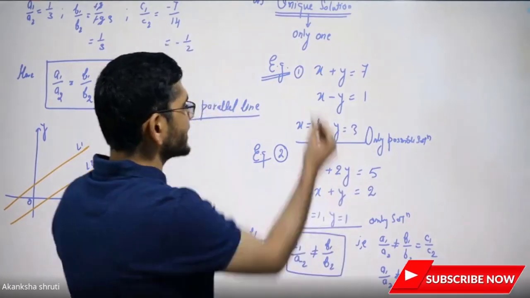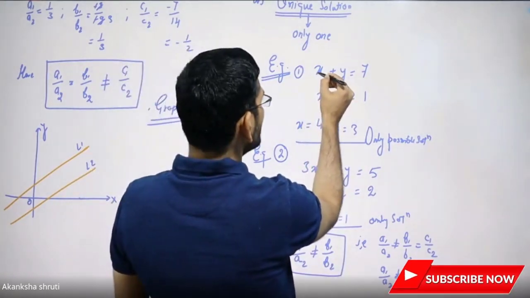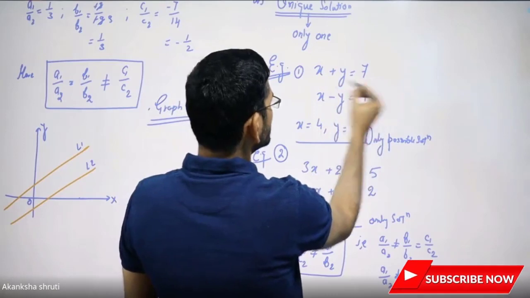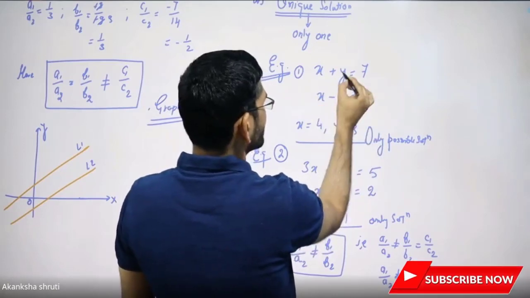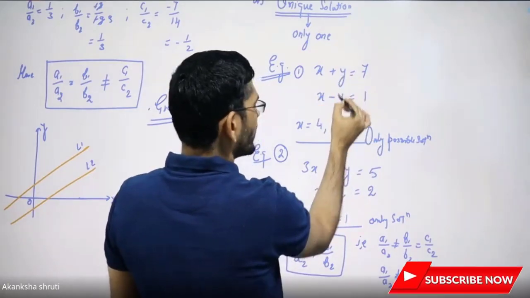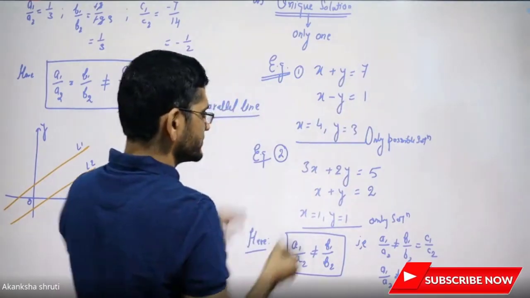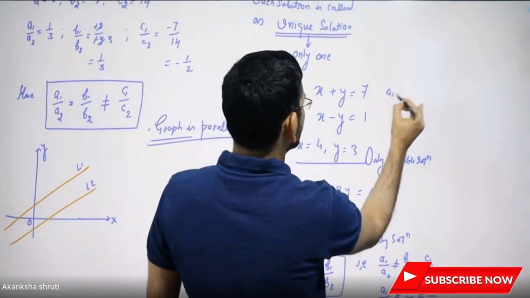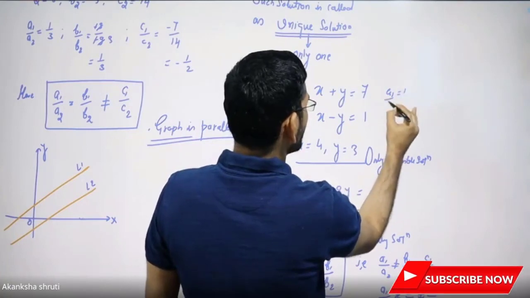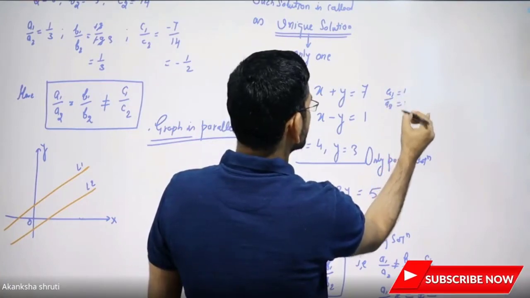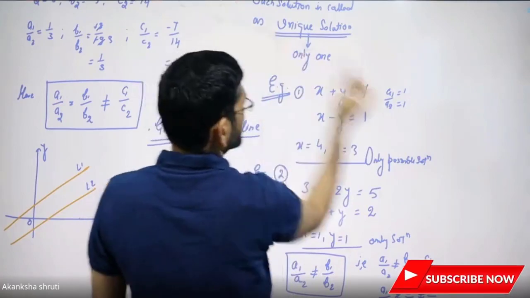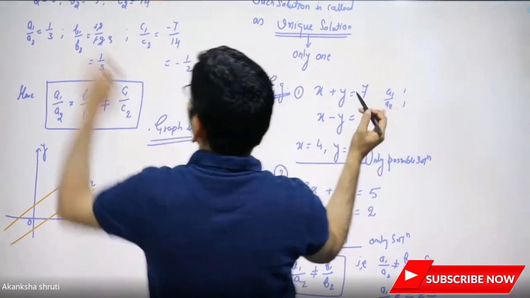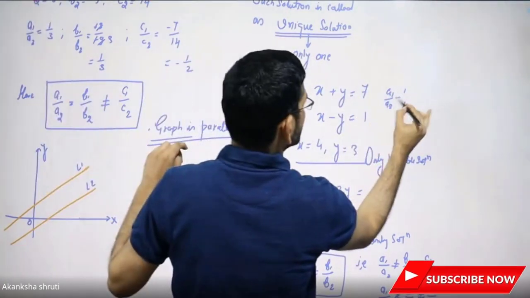Students, like here you can see, what was our a1 by a2? 1 by 1. What was our b1 by b2? 1 by minus 1. Let me write here also. a1 was our 1, a2 was also our 1. Therefore, our a1 by a2 is equal to 1 by 1.